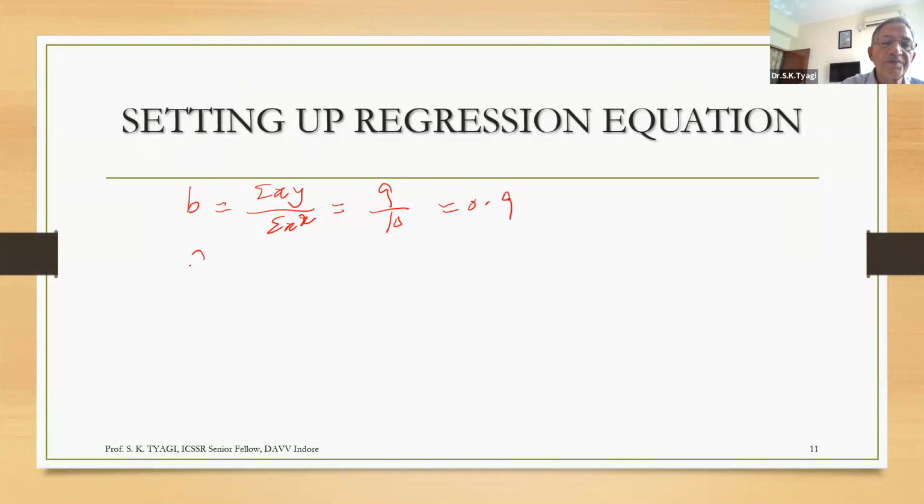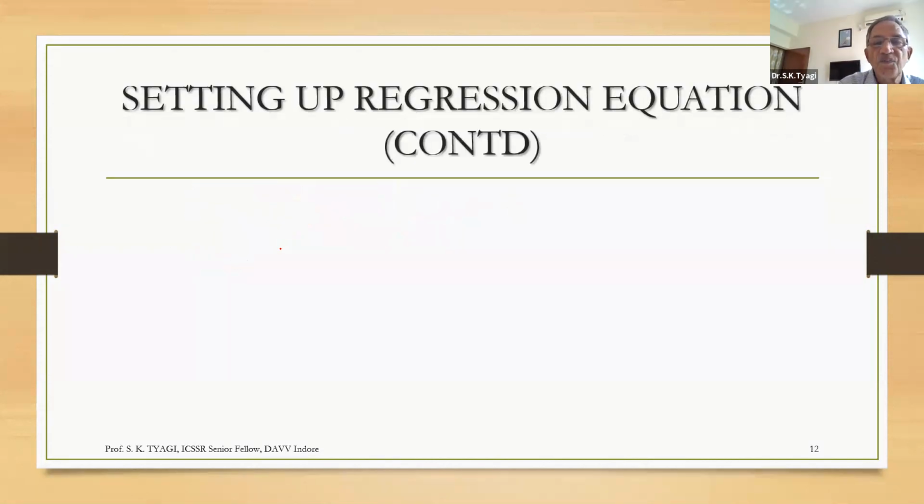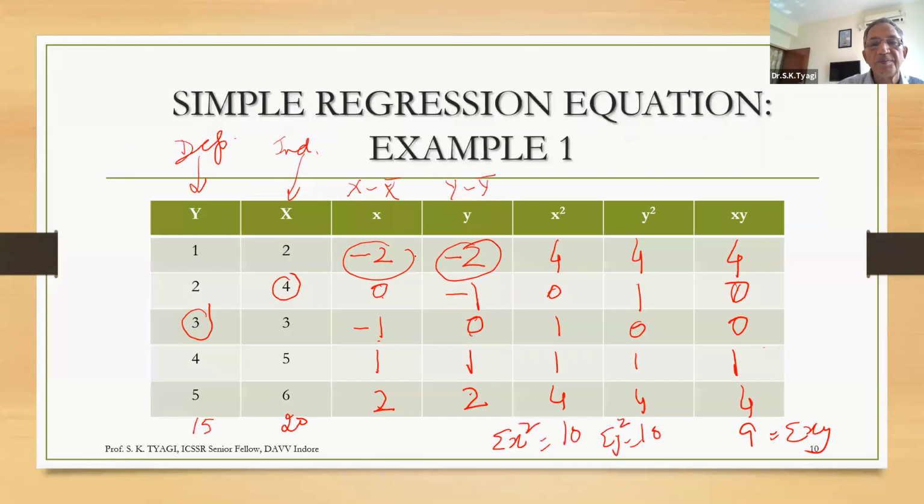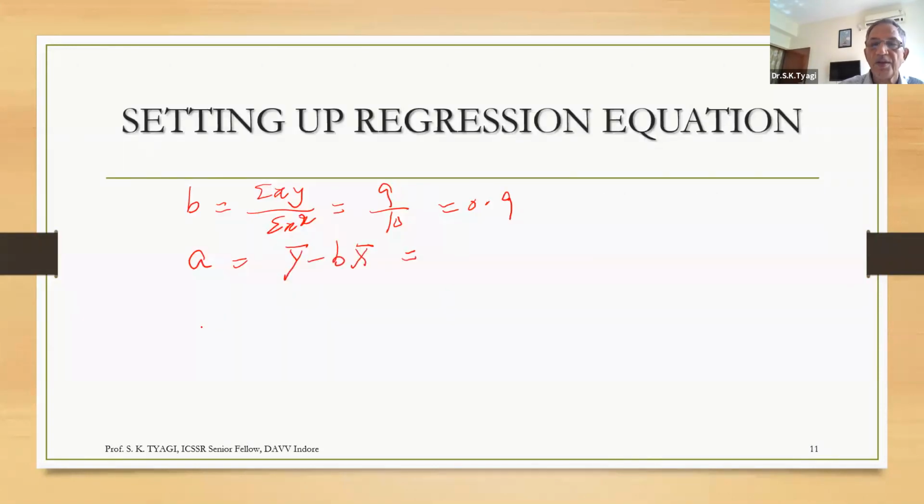Now find the value of a, the intercept. a is the mean of y minus b into the mean of x. The mean of y is 3 and the mean of x is 4. So 3 minus 0.9, this is b, multiplied by 4.